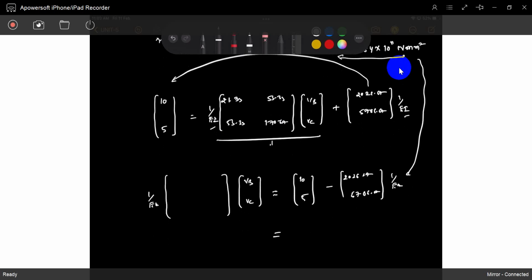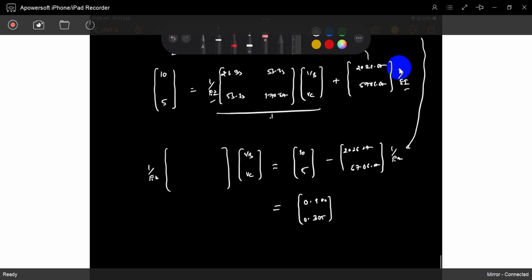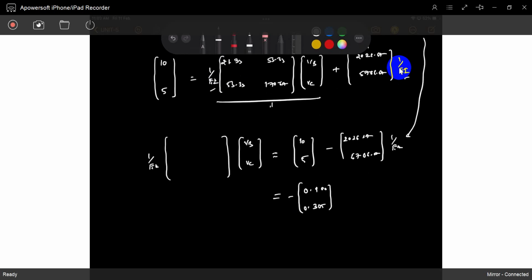Those two values will come as 0.1 and 0.305. If you place it here, minus will come. Okay, minus will come.